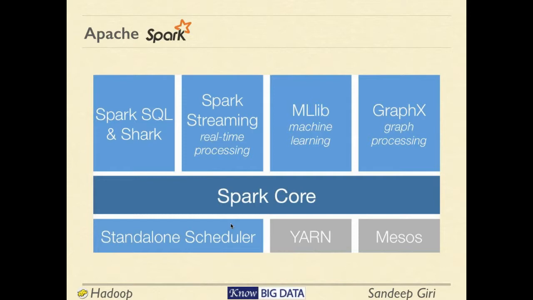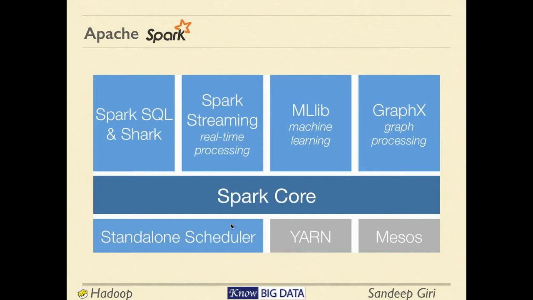Once you have Spark in place, you have a machine learning library provided with Spark, and apparently it's pretty good, better than Mahout. GraphX is a graph processing library which does a lot of cool stuff for you.